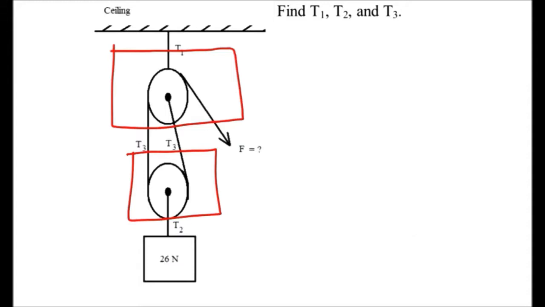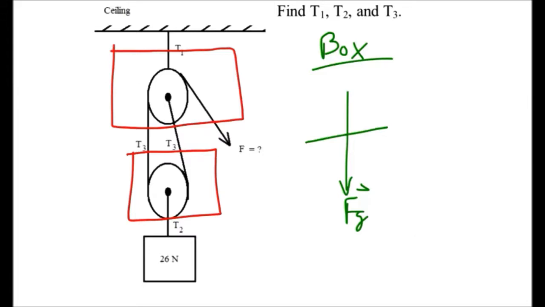Let's do our free body diagram on the box first. Give me a force acting on the box, please. Mark? Which way? Good. Okay. And somebody give me another force acting on it. Desire? The what? Not tension 2. Those are 3s.